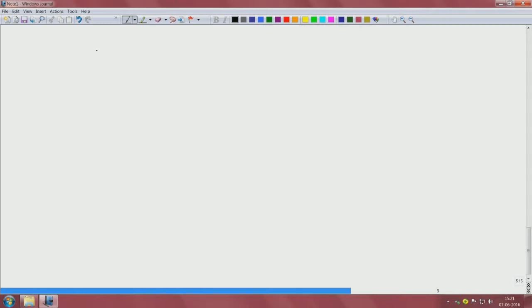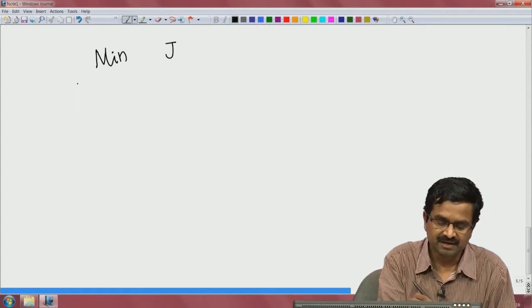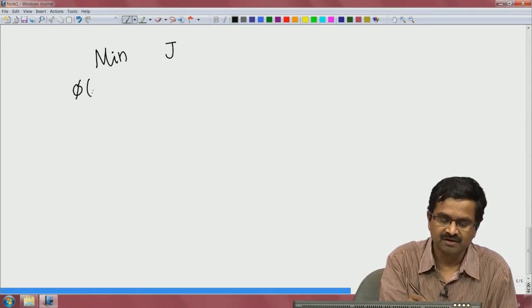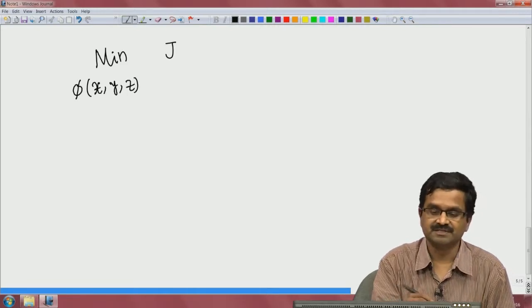So, now let us take a problem, minimize J. Since independent variables may be x, y, z, let me take a function, let us say phi, which is a function of x, y and z, that is our design variable.